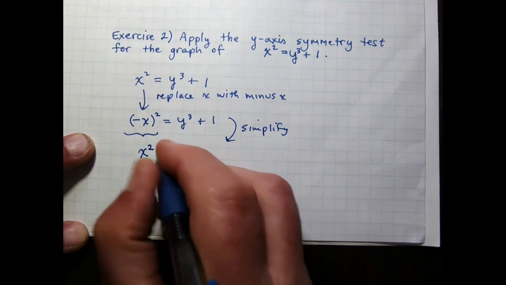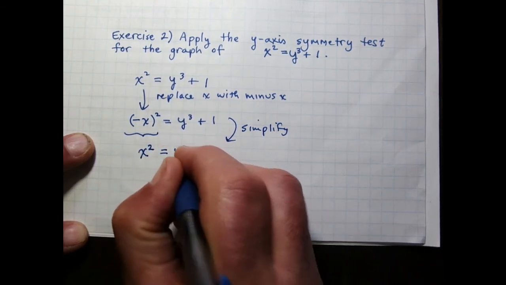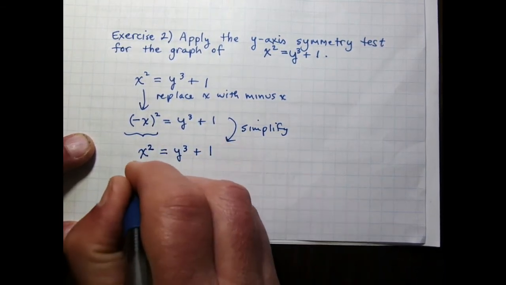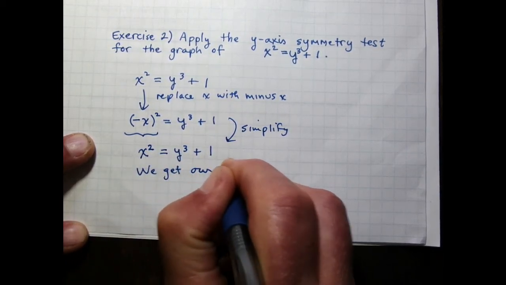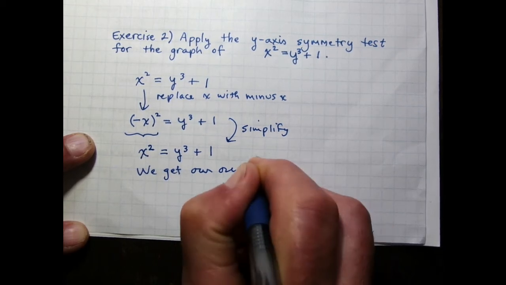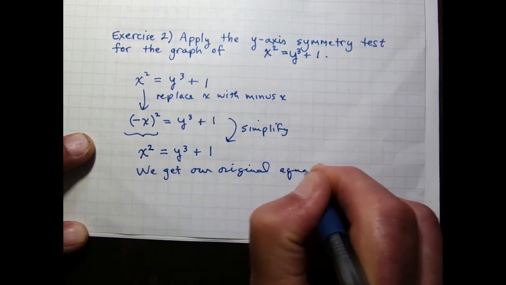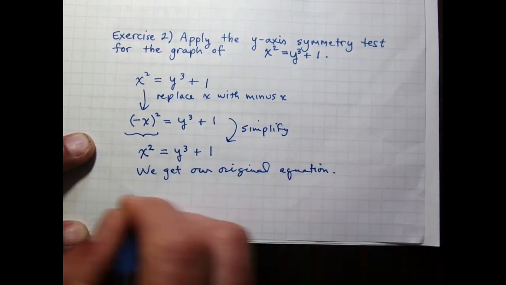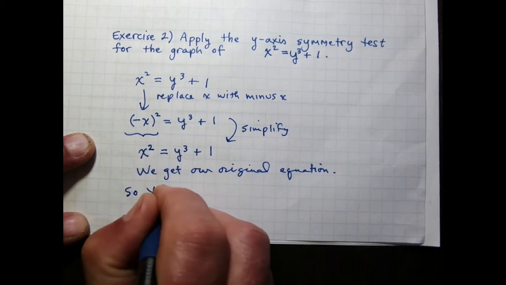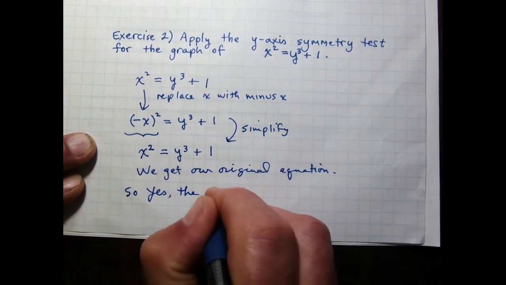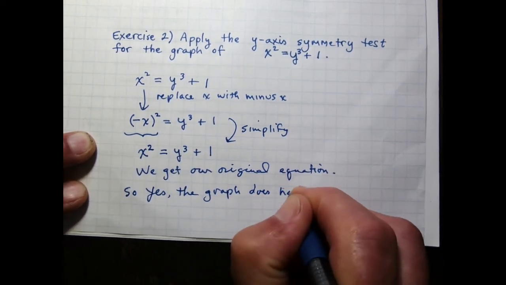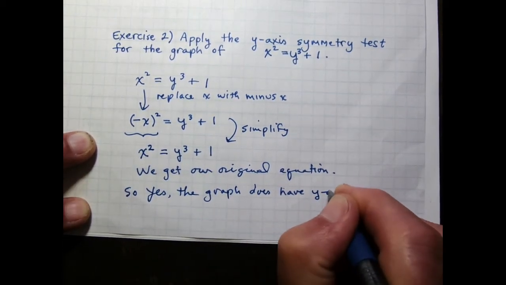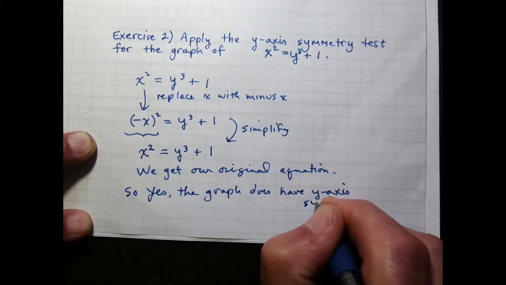The minus signs cancel out there. And so we get our original equation. So yes, the graph does have y-axis symmetry.